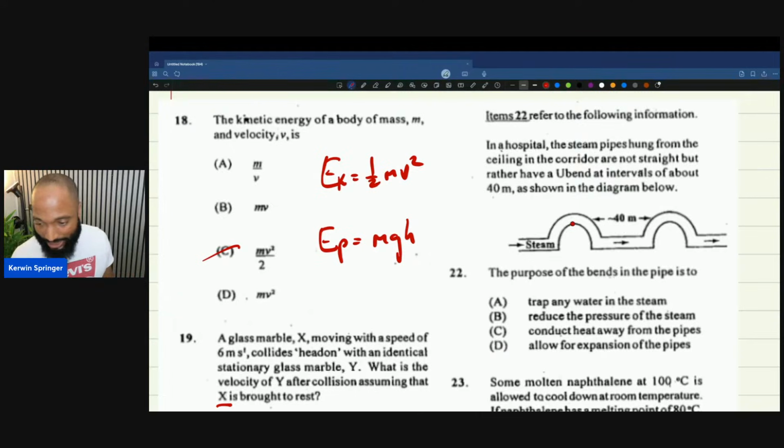That's so that when the pipe expands, it doesn't break, allowing for expansion of the pipe. You could call it an expansion joint, expansion bend. So just memorize that. Just hit expansion. Yeah, just B.